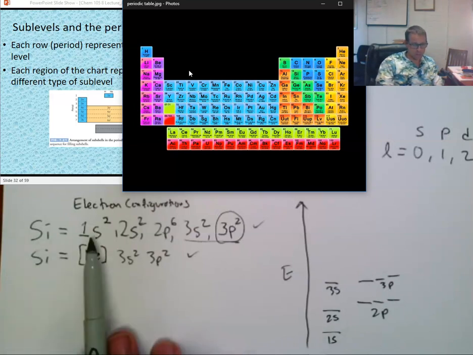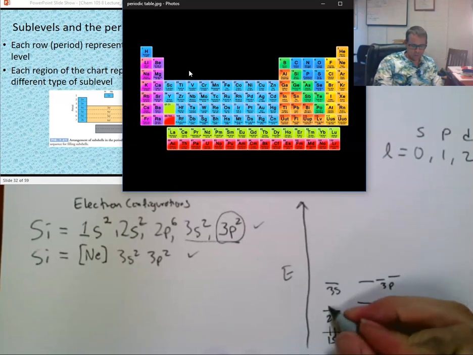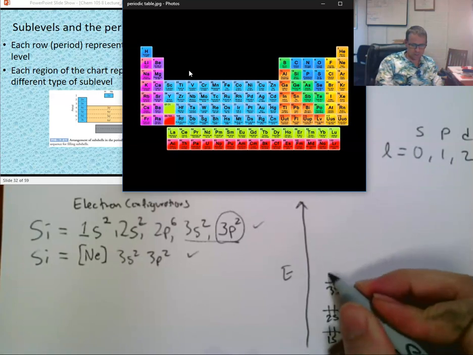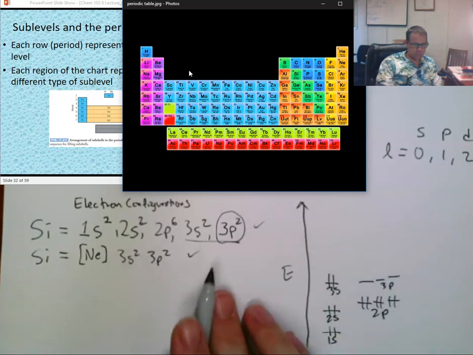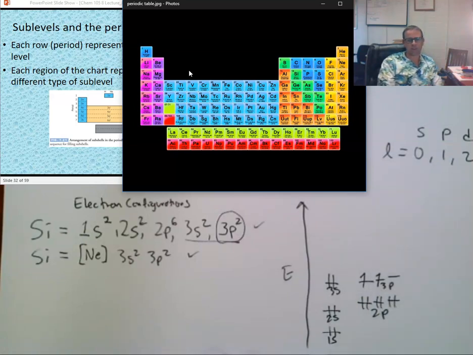All right, the 1s2 shows that there's 2 electrons here, 2s2, 2 electrons there, 2p6, 6 electrons there, 3s2, and then 3p has 1, 2 electrons.